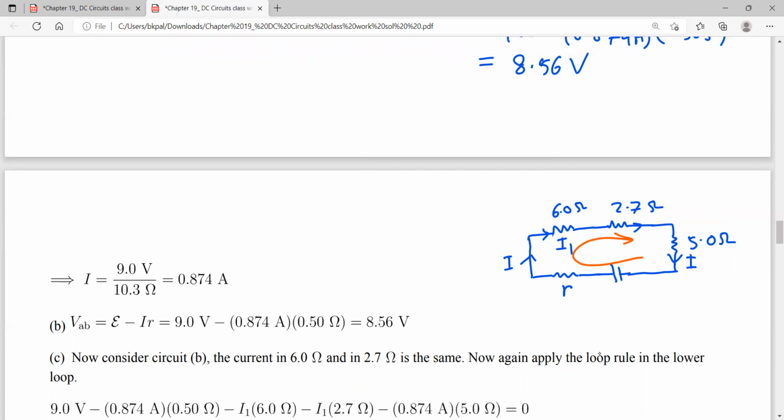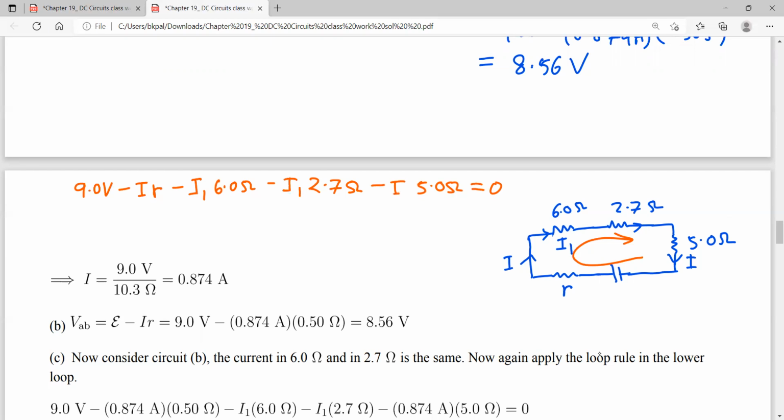If I start from the battery, it will be 9 volt, and then I r, and then I1 6 ohm, and then I1 2.7 ohm, and then minus I 5 ohm, that is equal to 0. This is the loop rule equation, and you see that everything is known except I1.